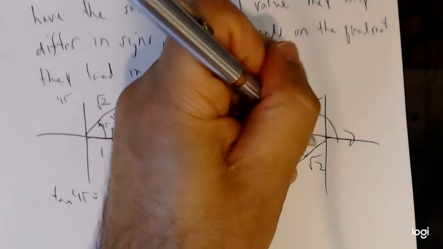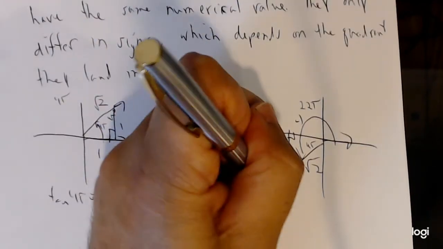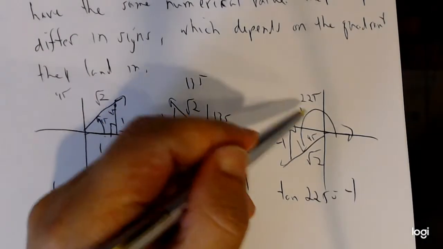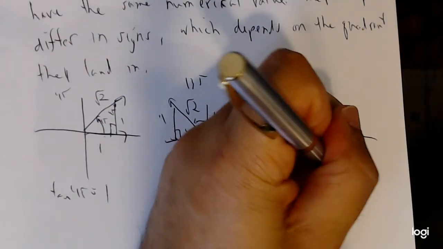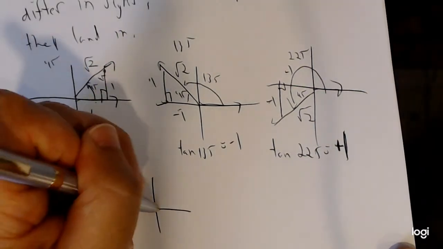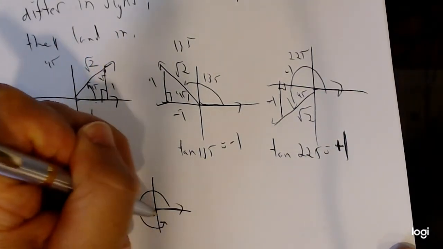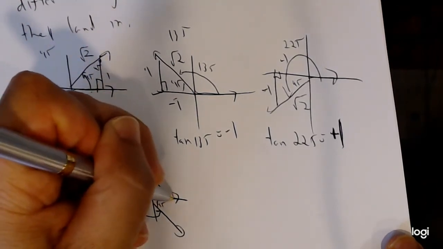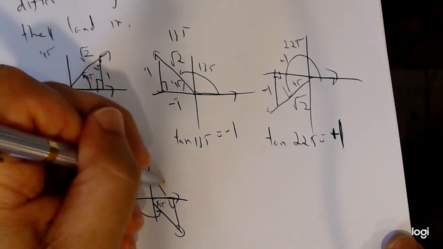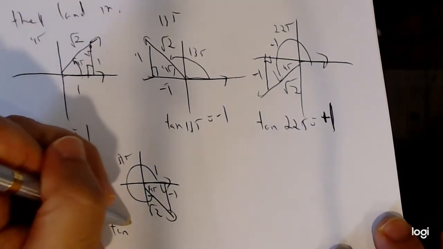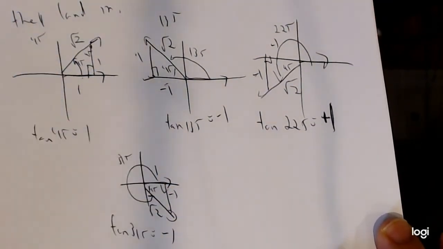And once again, I get a 45-45-90, and tangent of 225 is -1. Or no, sorry, not -1. Y over x is +1. And then lastly, tangent of 315 degrees, which puts me down here, has a reference angle of 45 as well. And what do you notice about the x, y, and r? 1, -1, root 2. So tangent of 315 is -1 because it's y over x.